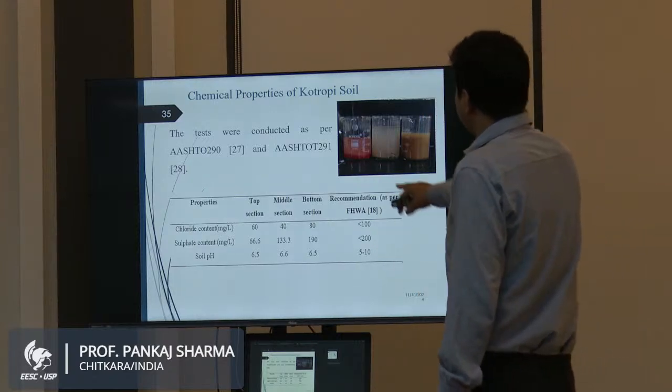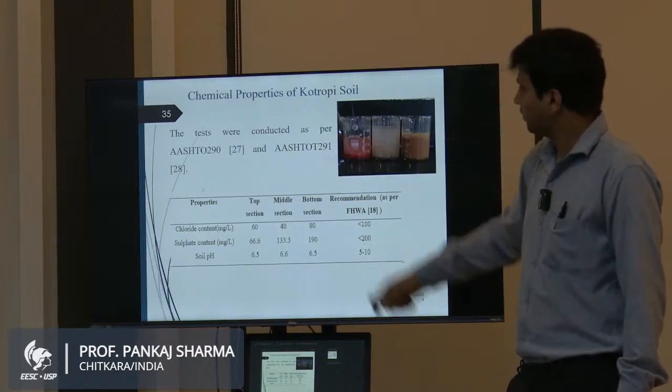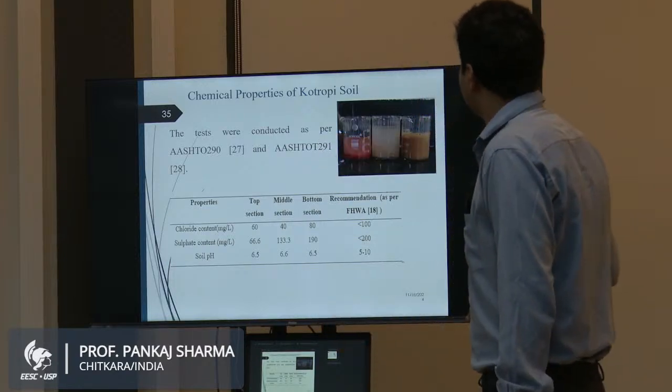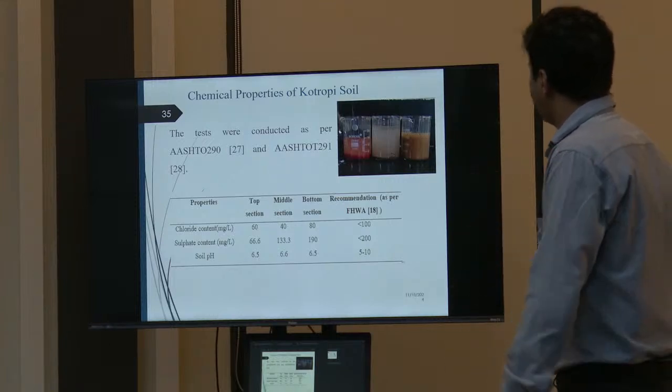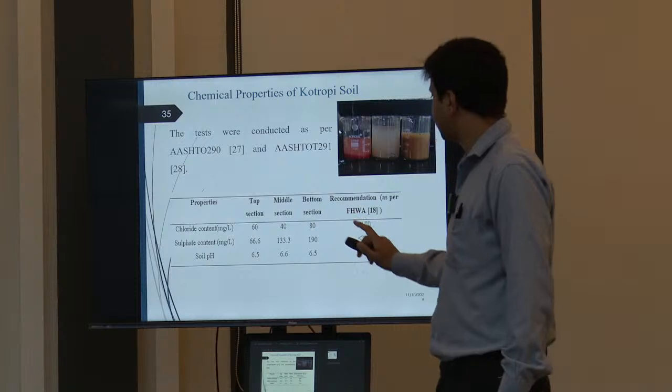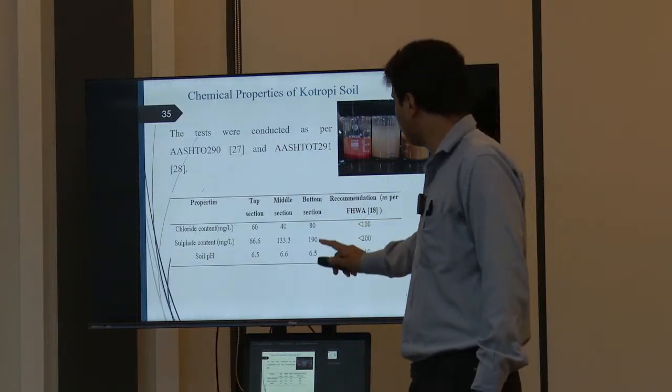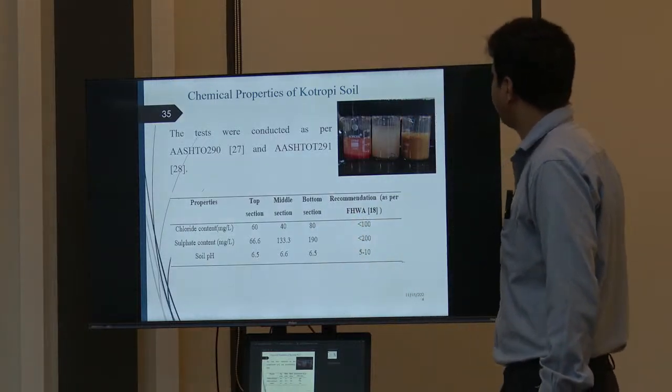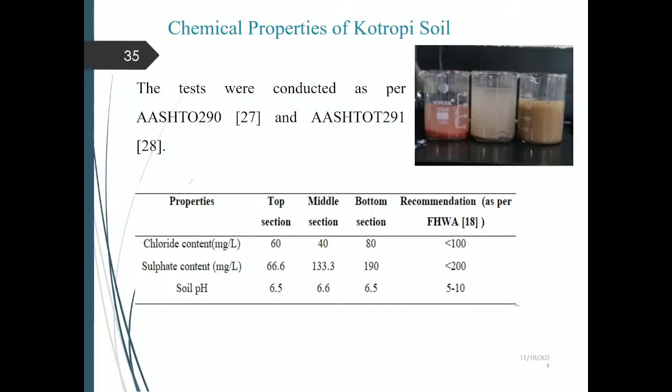So these are the samples we have tested as per the respective codes. If you see the values, for chloride it was less than 100, for sulfate it was also less than 200, and the pH value was also in the permissible limit.